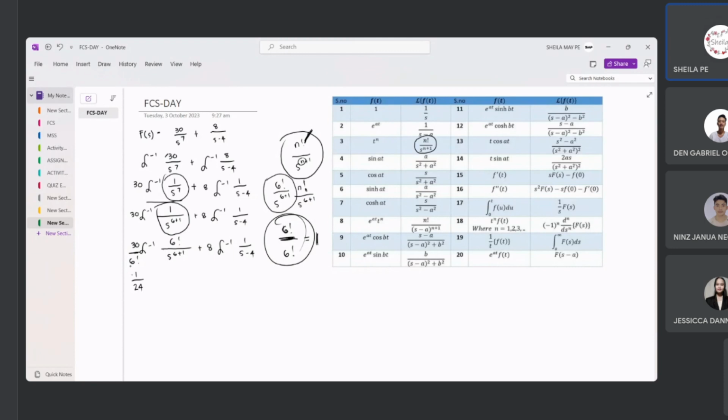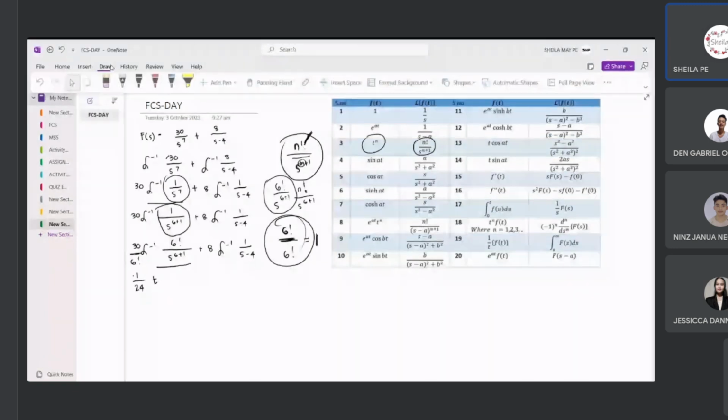Okay. And the inverse Laplace of this one, remember we have the form n factorial over s to the n plus 1, which is equal to t raised to the power of n. Okay. So this should be, what class? 1 over 24 t. Nalimot ko og sulat.